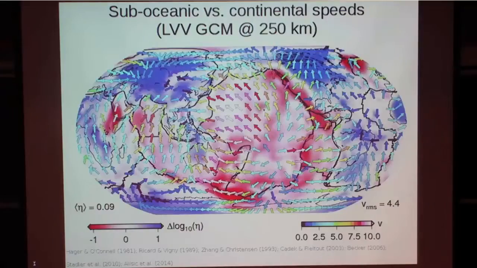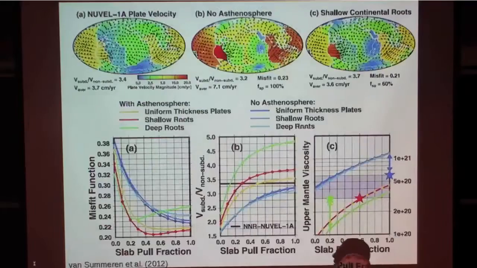So there's an issue here in terms of strong continents, weak asthenosphere, strong slabs, weak slabs, that is still not that well resolved. And there are attempts to resolve this by Van Zummeren et al., where they combined different viscosity models with different degrees of slab pull fraction.